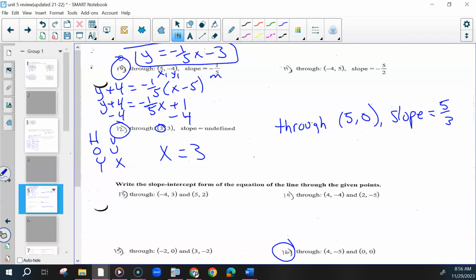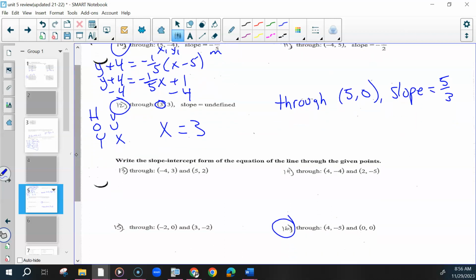Alright, for the one I had you guys write down, we have x1, y1, and m. The same process. Y minus 0 equals 5/3 times x minus 5. Distribute. This part is just going to become y.